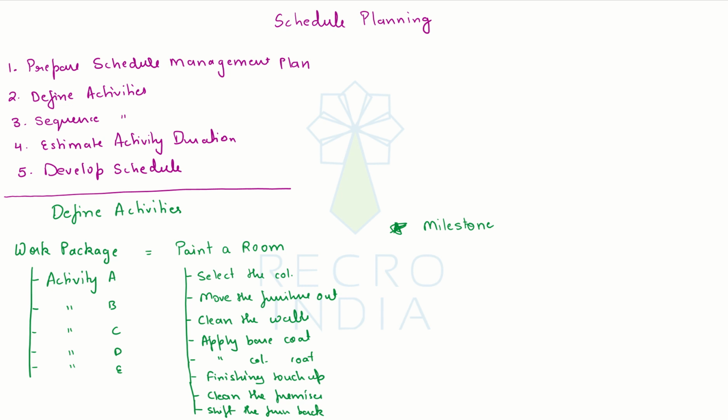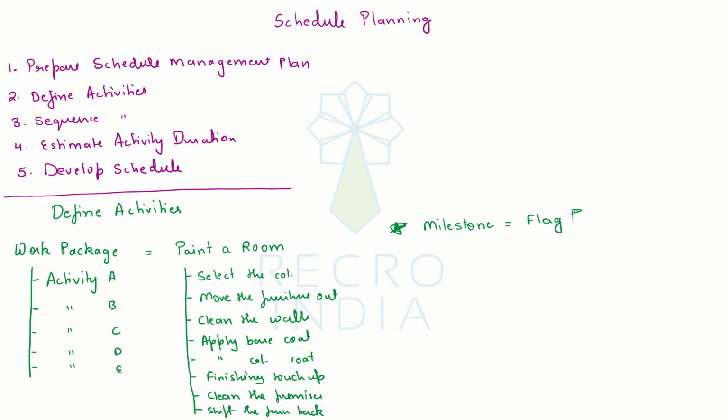However, what we have to understand is that by definition, a milestone is just a flag. It's a flag which you are placing at a particular point in your schedule, generally to denote or highlight something of importance.